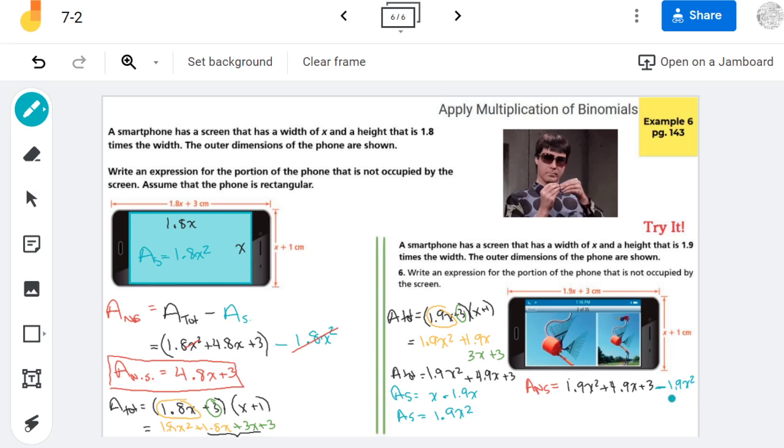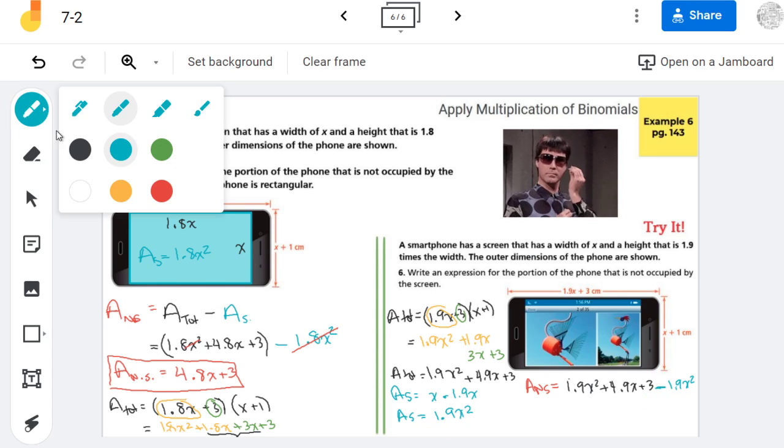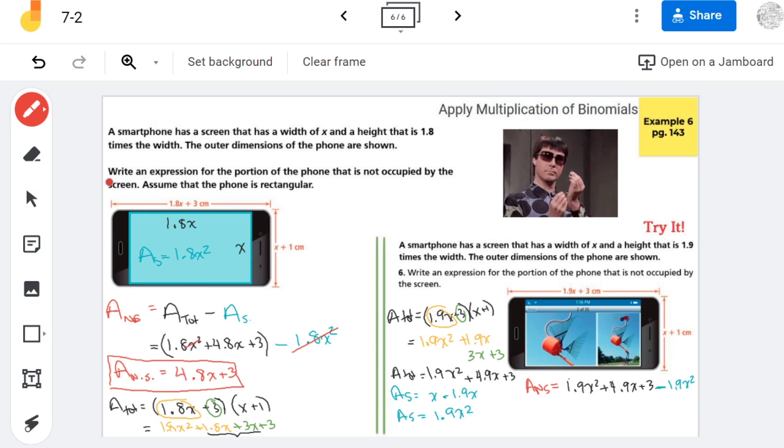Now I'm not using parentheses here, but remember, if my area of my screen had not been a monomial, I would need to use the parentheses and distribute that negative. Okay, so just remember that's still a thing. Now here, the 1.9x squareds cancel each other out, and I'm left with 4.9x plus 3 for my area of my not screen.